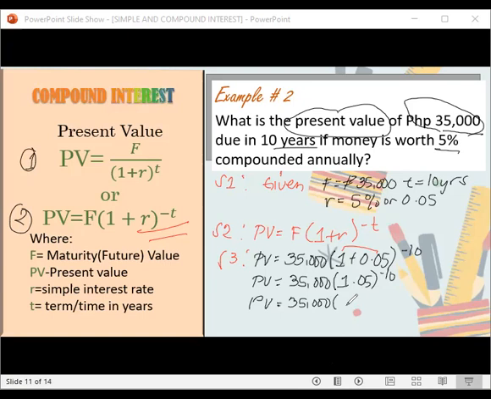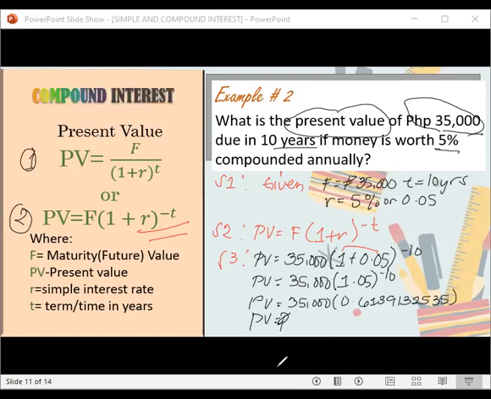So, what is the answer? 0.6139132535. Okay, now for the last one. Ano kaya ang present value natin? So, 35,000 multiplied by 0.6139132535. What will be the final answer?